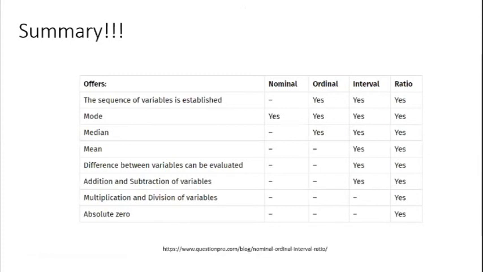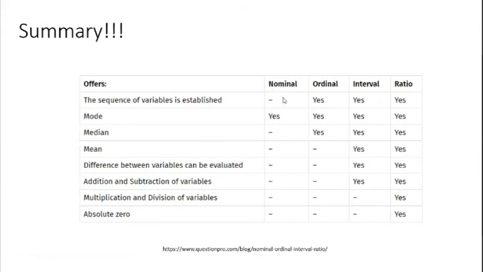So this is the summary and it will show you why nominal is considered the least of them all, and ratio is the most extravagant of them all. As you can see here, the more yeses you have, the more extravagant it is, and the fewer the yeses you have, the least.